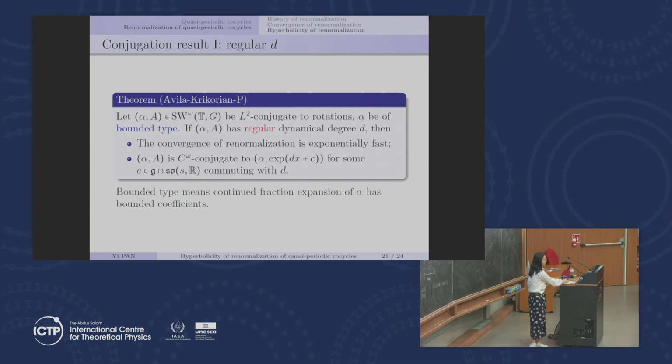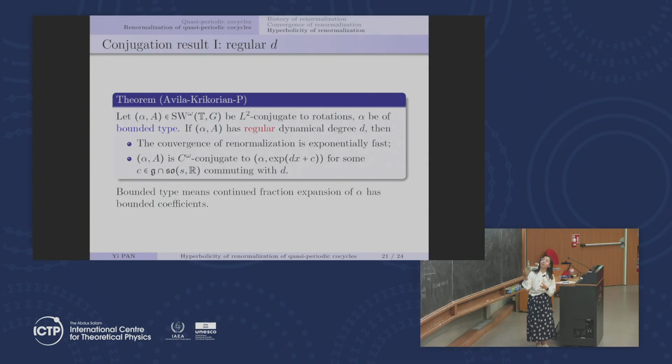So the idea is, by convergence of renormalization, we are going closer and closer to the model. And of course, we will also have boundedness of renormalization.